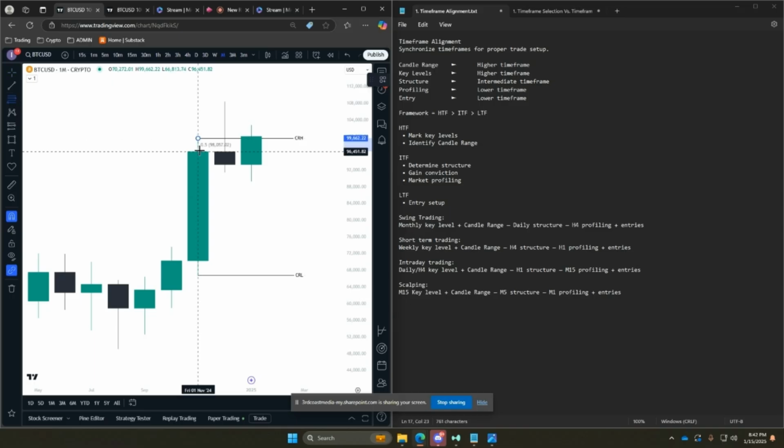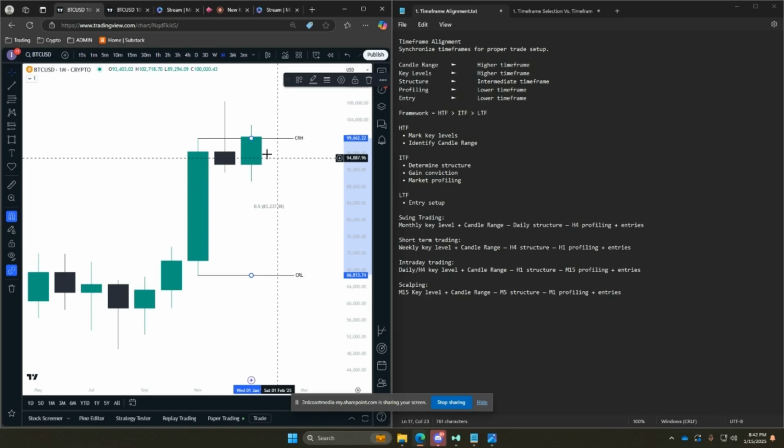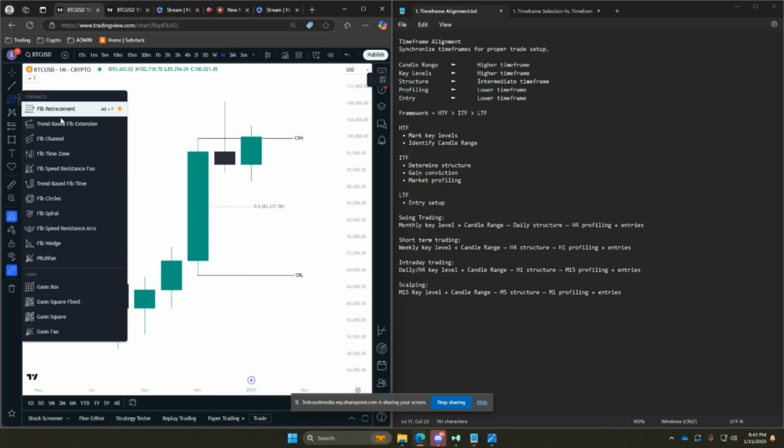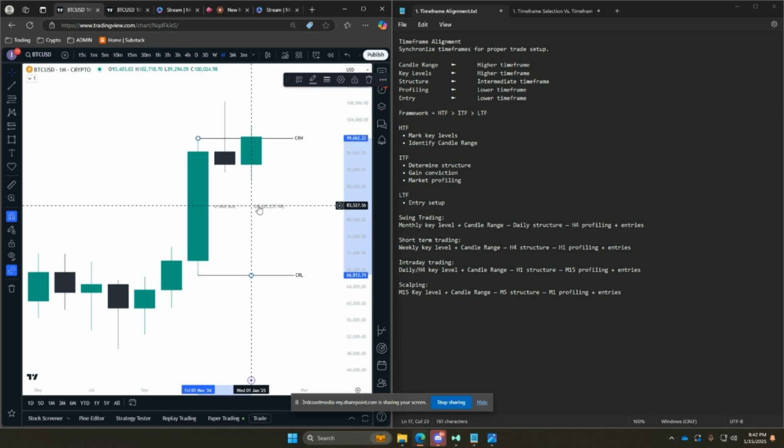We're also going to take the Fibonacci retracement tool, and we're going to mark the middle point. That tool's right here, Fibonacci retracement. You should take some time to play around with these tools just to see how they work. The one I'm using right now is the Fibonacci retracement. You just pick 2 points. So I'll do that one more time.